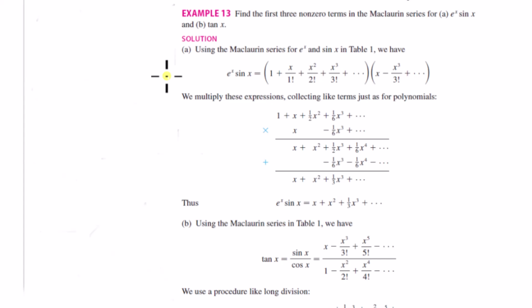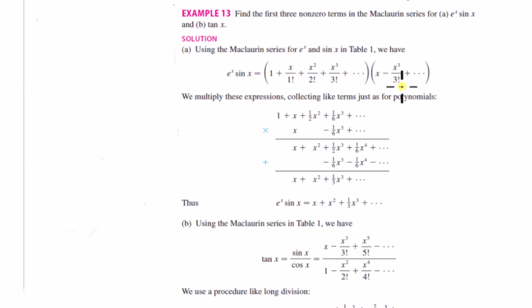So when you're multiplying two power series, it's like an infinite polynomial distribution: the first term times this, times this, times all the infinity terms, plus the second term times the first term, the second term, the third term, times all infinity terms, and so on. That is exactly how you think about the multiplication of two power series. Every power series is an infinite polynomial.